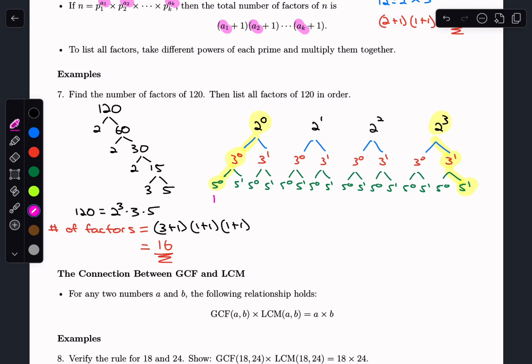So I have 8 times 3 times 5. That equals 120. So on the far left, we have the smallest possible factor, which is 1. And on the far right, we have the biggest possible factor, which is 120. Every other factor is going to show up between these two ends of the branches. So all we have to do is follow the branches for each new one. So I'm going to delete some of my highlighting here so we can follow the next branch.